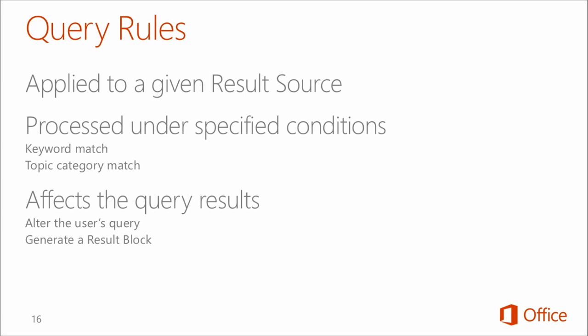The next building block that we have are query rules. What query rules allow us to do is apply to a given result source some kind of query that should be processed under specific conditions. For example, we could do something like a keyword match. So a classic example is I can say, look for the end user typing the word deck into the search engine.